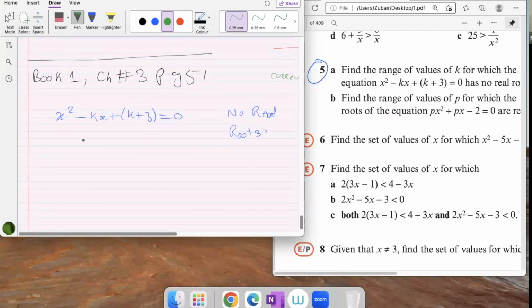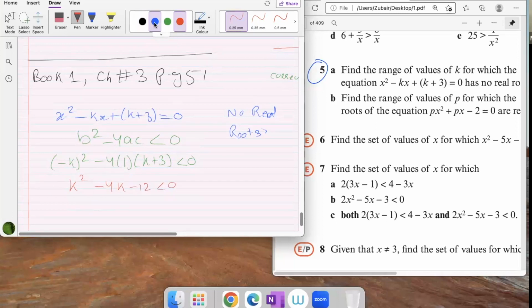So in case it does not have any real root, b squared minus 4ac is less than 0. That is, discriminant is less than 0. So b is minus k, a is 1, and c is k plus 3. k squared minus 4k minus 12 is less than 0.